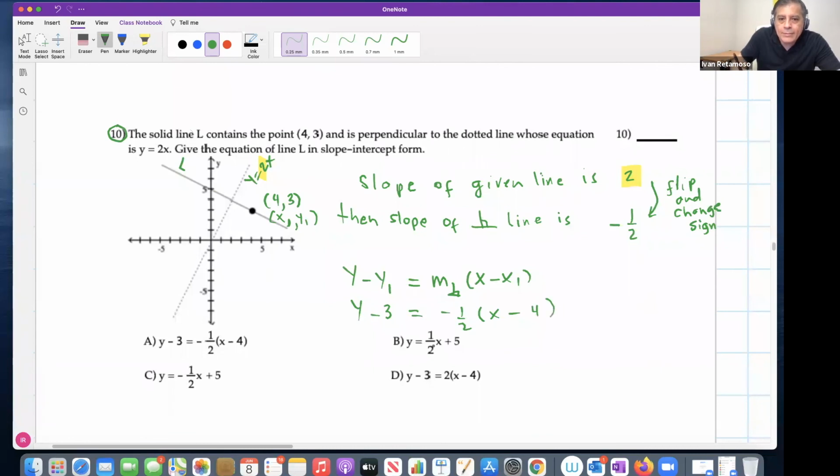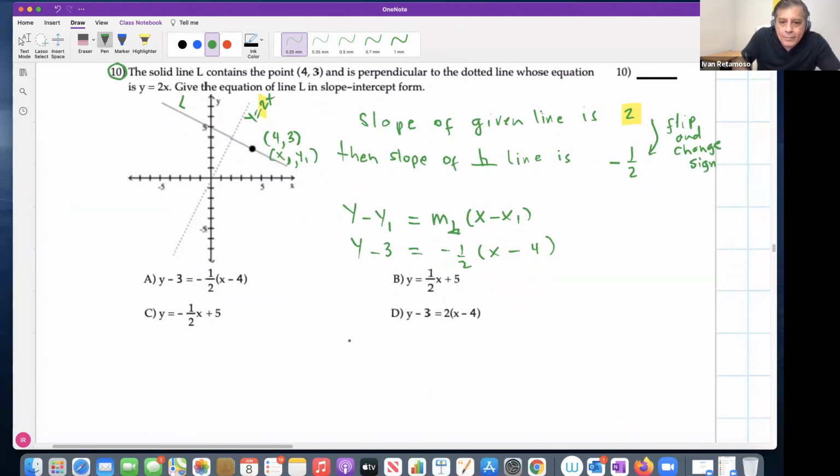Let's do the math carefully here. y minus 3 is equal to minus 1/2 x. Do these computations carefully, guys. Minus 1/2 times minus 4: minus and minus is plus, 1/2 times 4 is 2.